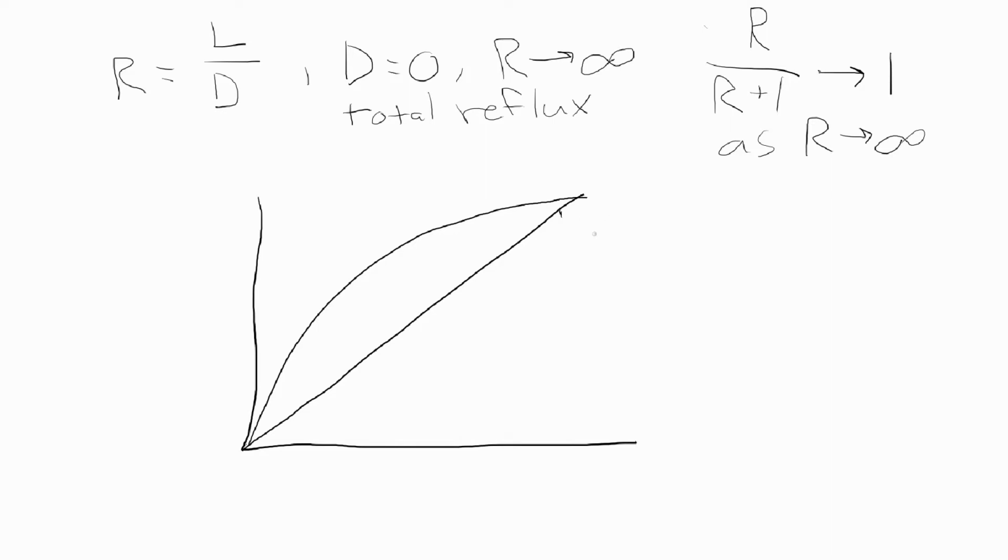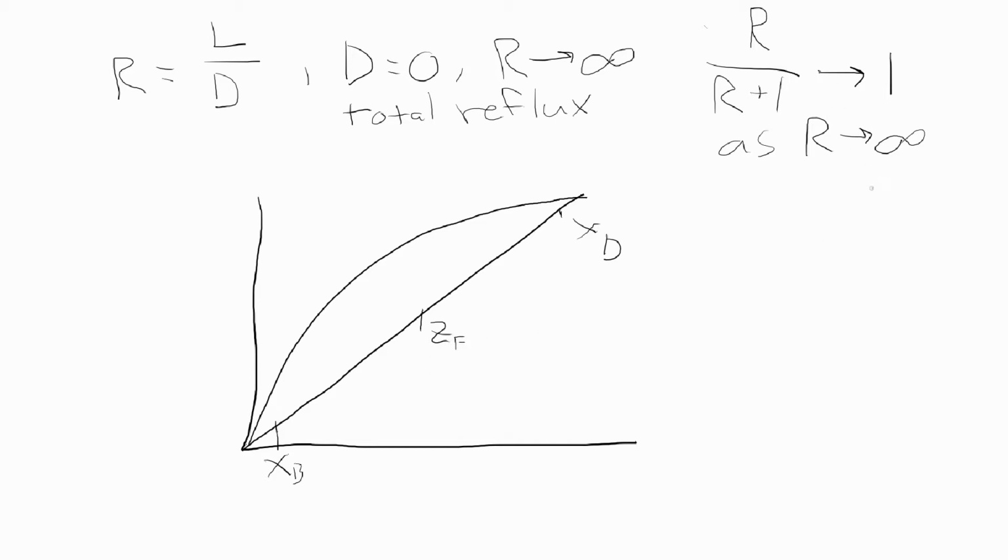And we set the distillate composition, where we're going to have our rectifying section operating line intersecting the 45-degree line. We set our bottoms composition, where we have the 45-degree line intersecting with the stripping section operating line, and we have our feed composition, where the Q line intersects.